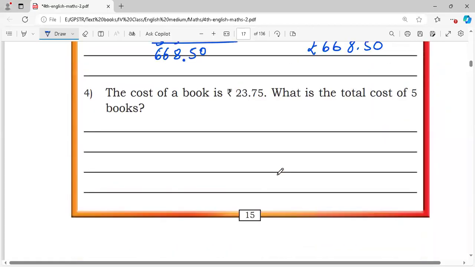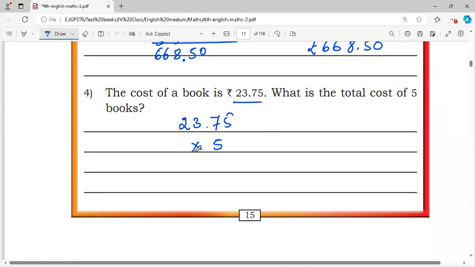Fourth one. The cost of a book is 23 rupees 75 paise. What is the total cost of 5 books? One book costs 23 rupees 75 paise.